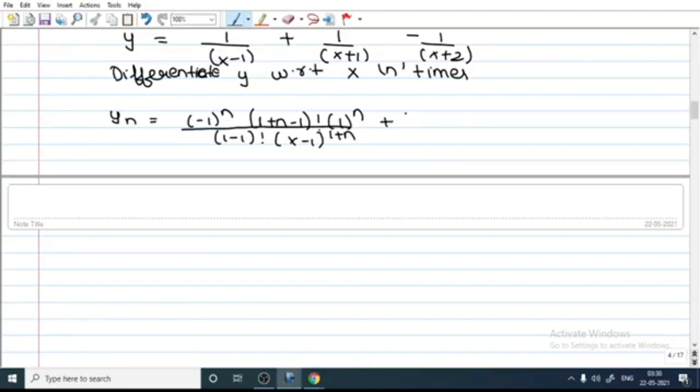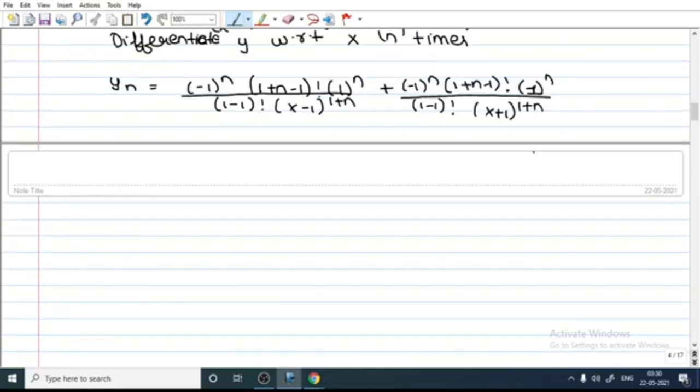Further, here we have minus 1 power n into 1 plus n minus 1 factorial, the whole upon 1 minus 1 factorial into x plus 1, the whole power 1 plus n.